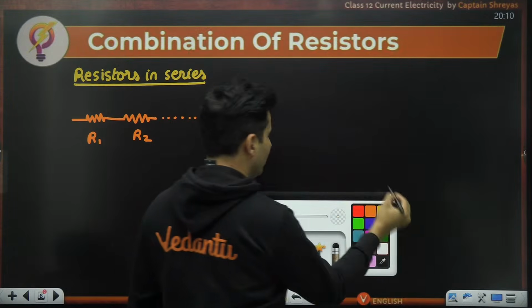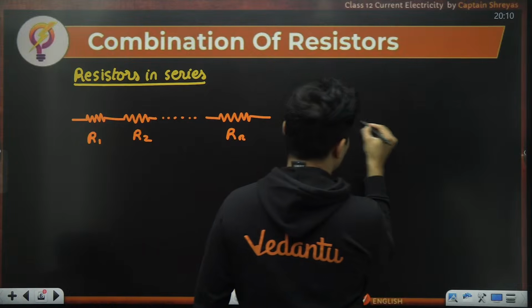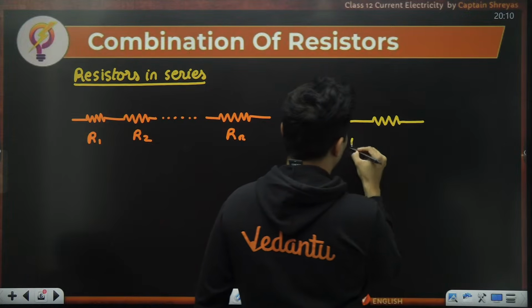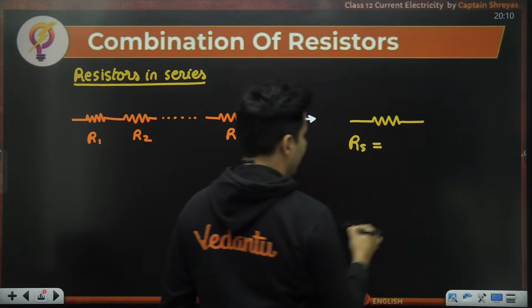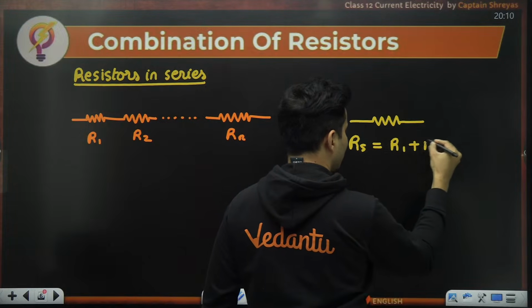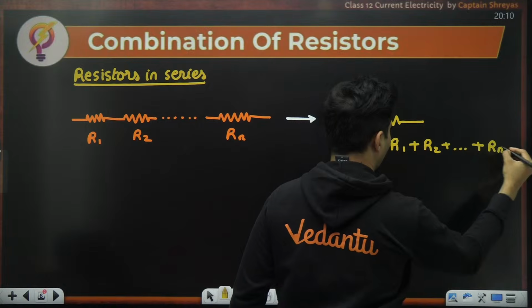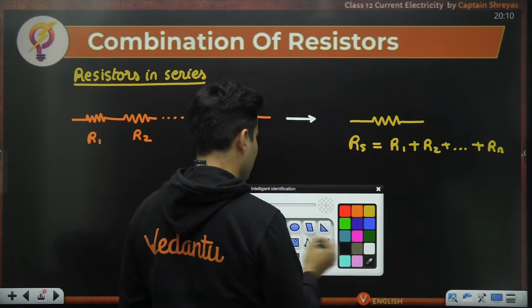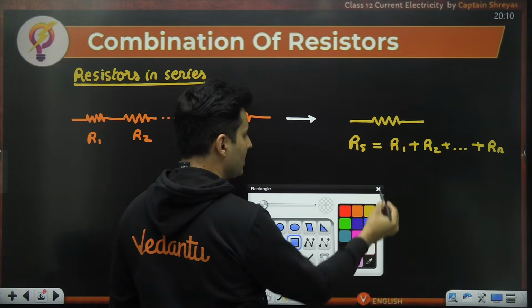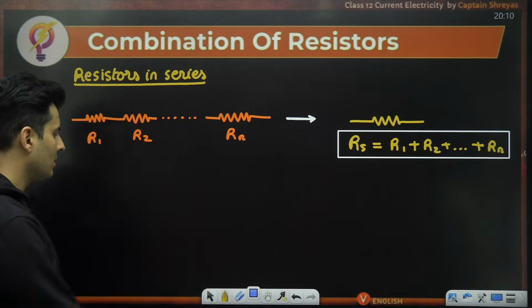I convert this into a single resistance which is called Rs. This Rs will be nothing but R1 plus R2 plus like that till Rn, the nth resistance. Just simple algebraic addition, nothing else. Just add the resistances, that is the equivalent resistance.